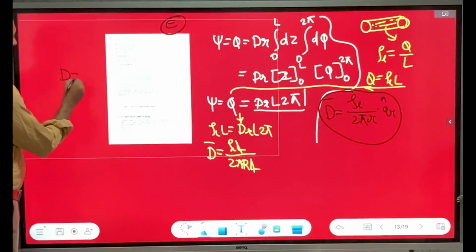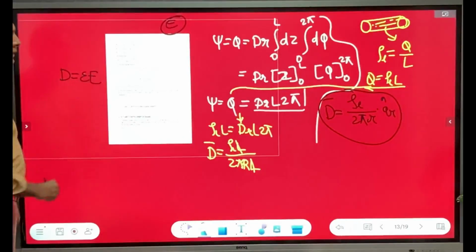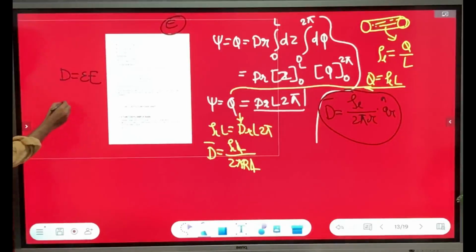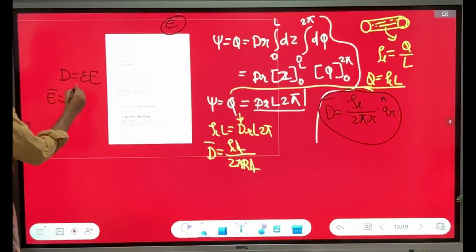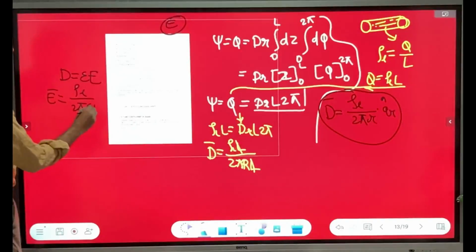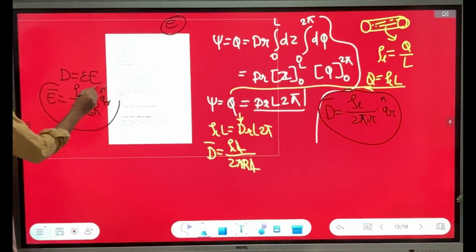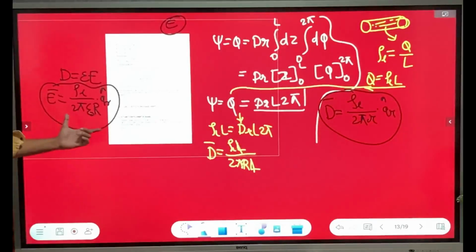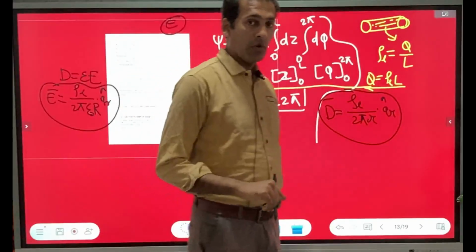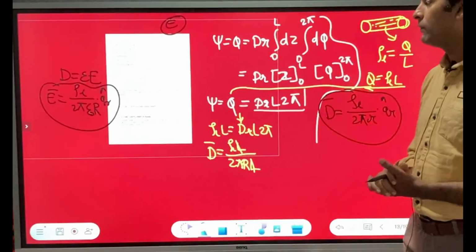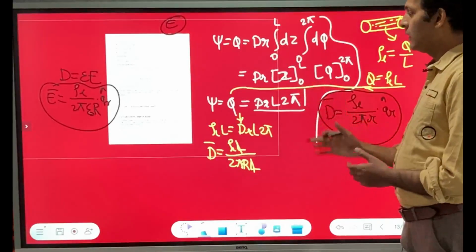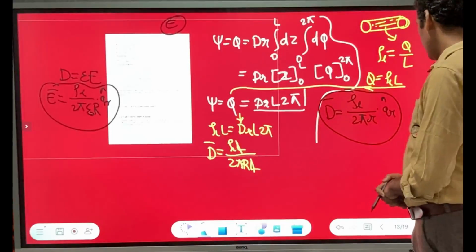D is equal to epsilon E. So what was that expression? For E, we can write in that expression rho L by 2 pi epsilon naught r into aR cap. This is the same derivation we got in that topic with some other method of solution. But from here also we can find it out.